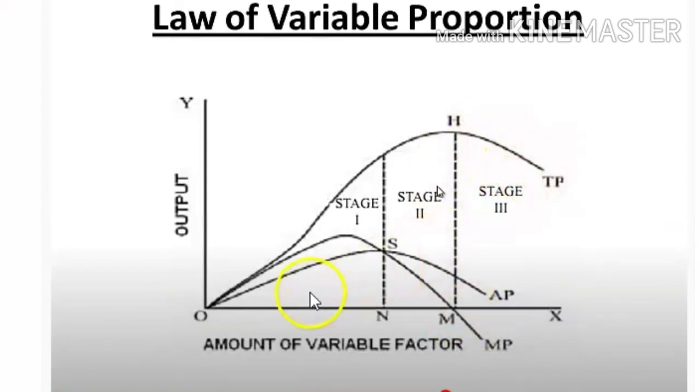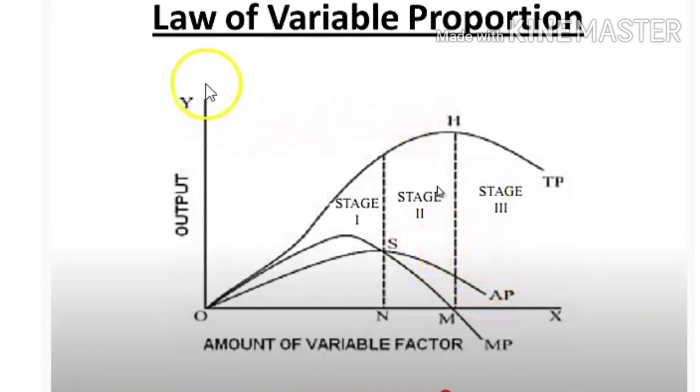Next, MP is going on and becoming negative, and AP is increasing. AP and MP intersect at a point, and after that AP starts diminishing.